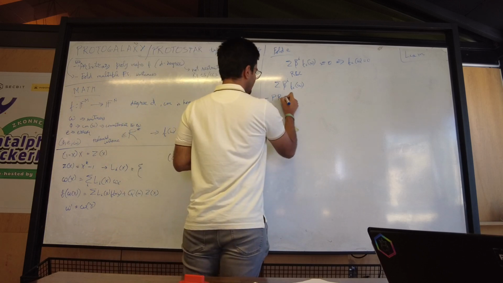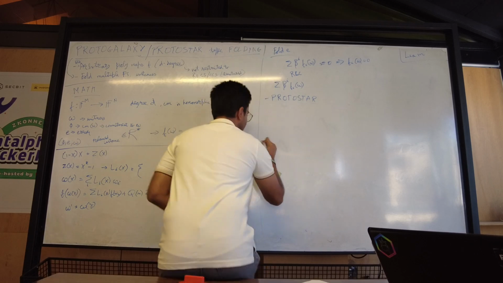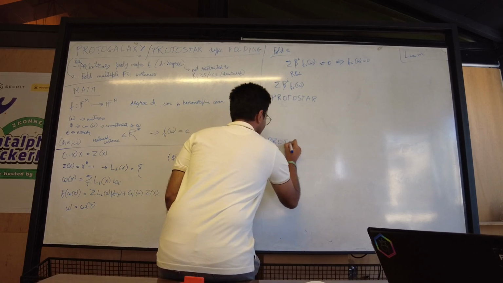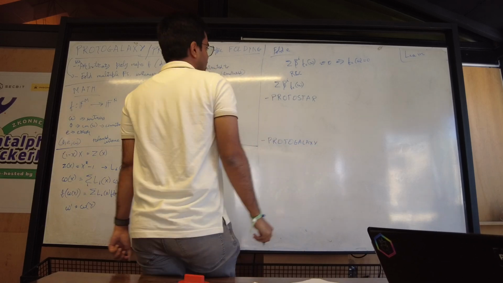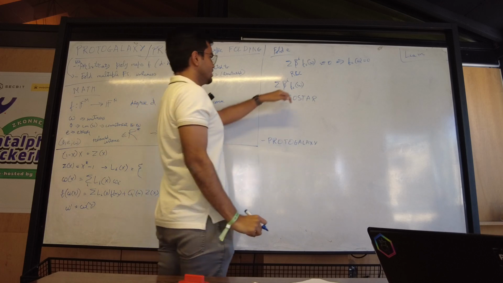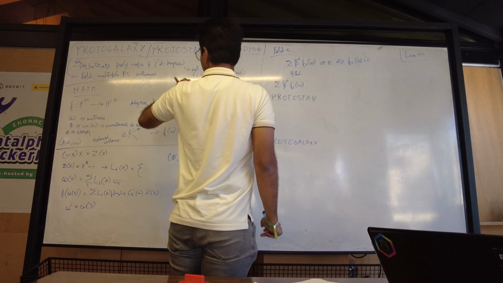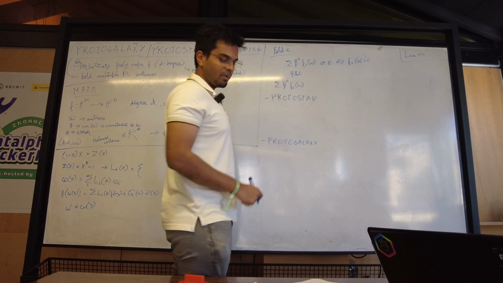In Protostar, what they do is, yeah, this is the most important part. You have to somehow calculate this value, right? This random linear combination of each of the rows of your polynomial map with some random power of beta.